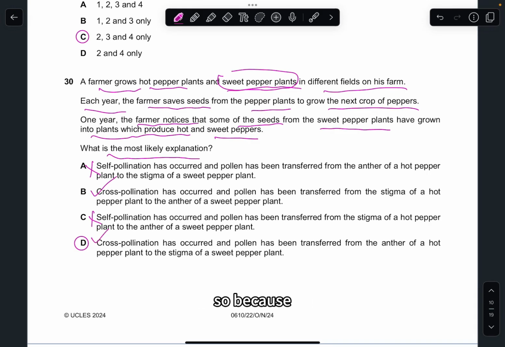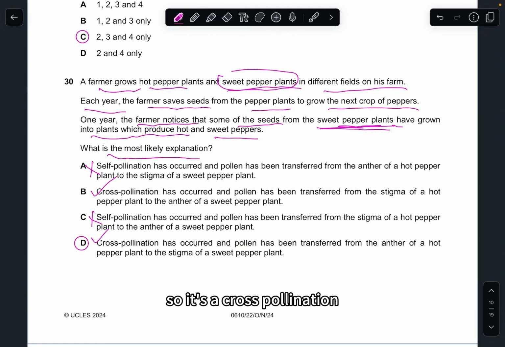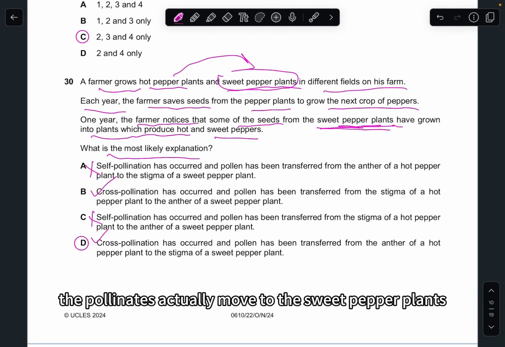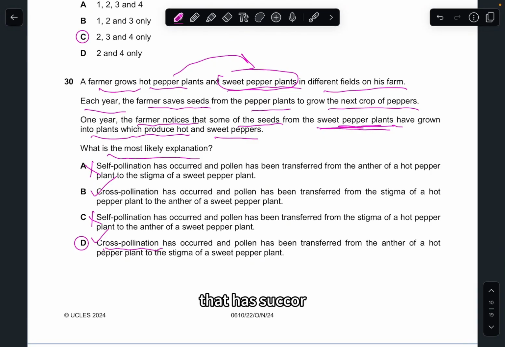Because he has noticed there are seeds of sweet pepper plants. So it's a cross pollination in which the pollen from the hot pepper plants actually moves to the sweet pepper plants. So if you see D, there is a cross pollination that has occurred.